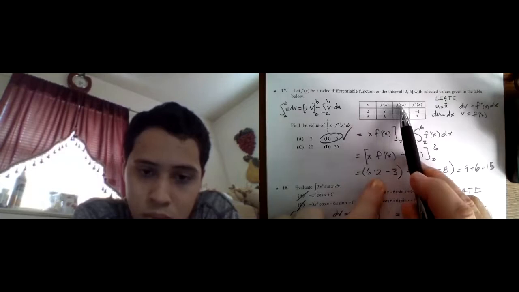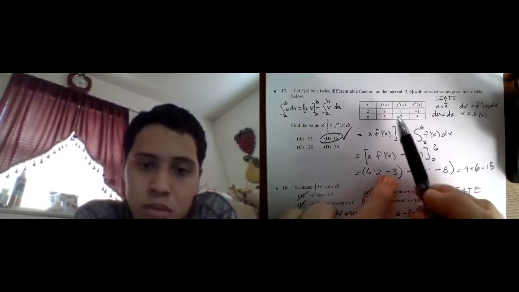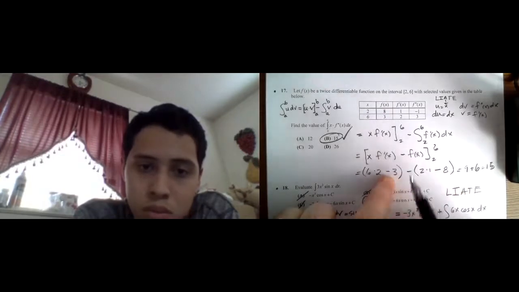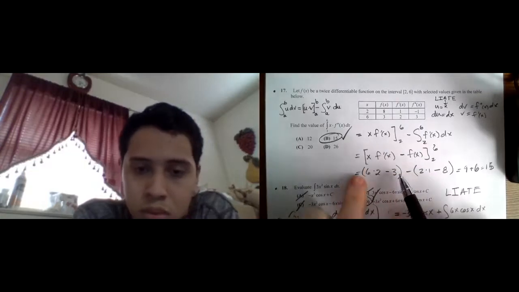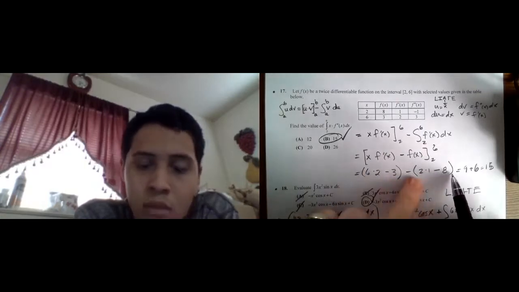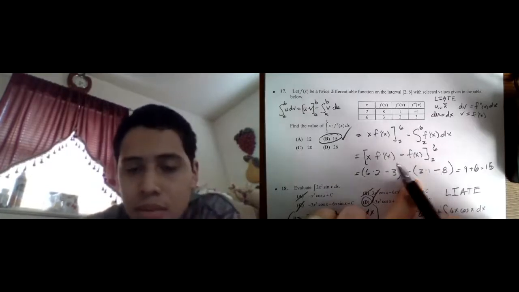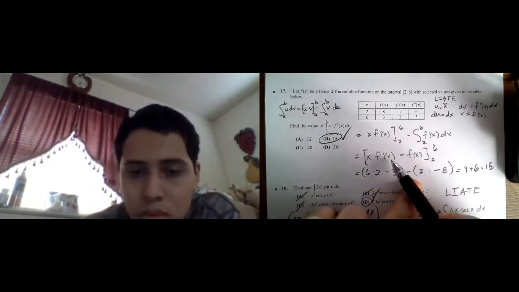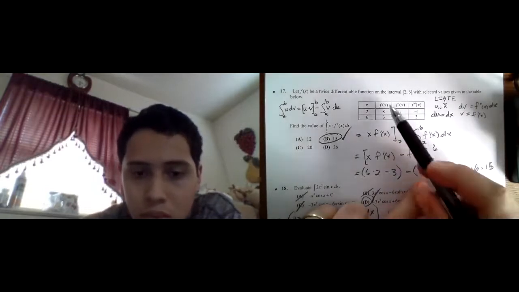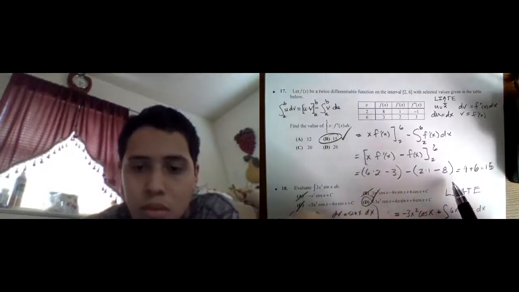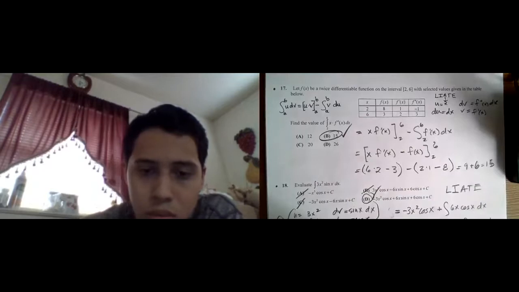Well, f prime of 6 is 2, minus f of 6, which is 3. So this is evaluation at the upper limit minus evaluation at the lower limit. This time we're evaluating at x of 2. f prime of 2 is 4, minus f of 2. So do the arithmetic, and you get 15.